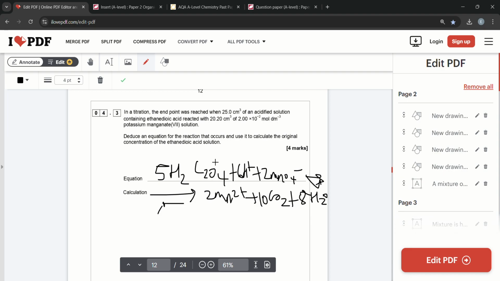In the exam you probably have enough space.